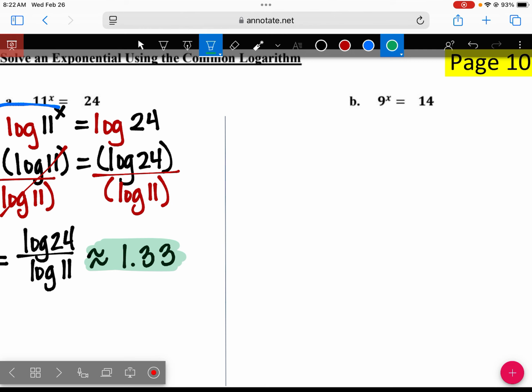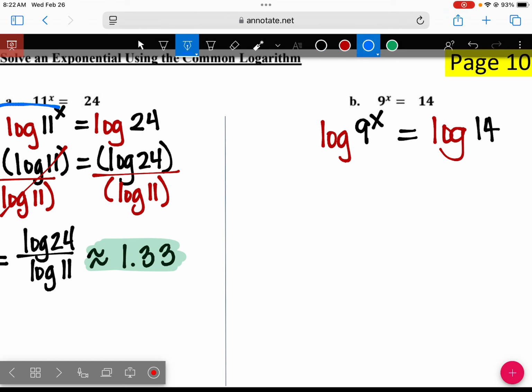Who got about 1.2 for their answer? Good. Let's go ahead and work through it together. We're going to put our log in first. Then I move my x.